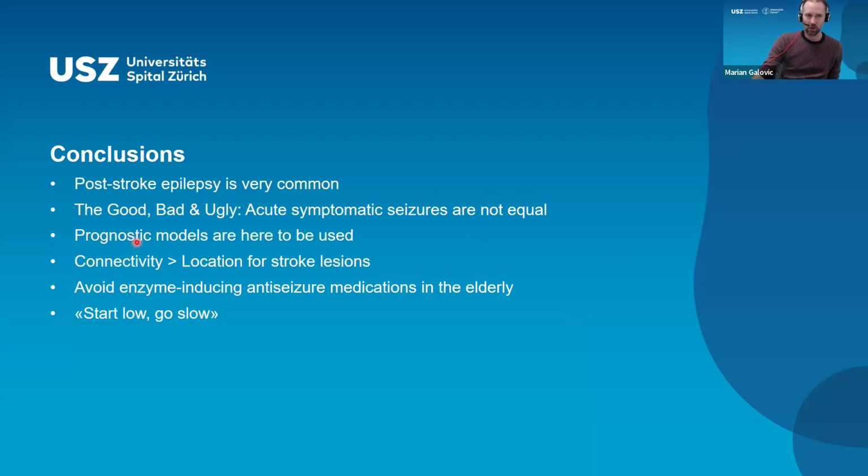We have a lot of good prognostic models for post-stroke epilepsy, like the SeLECT score or the CAVE score, and you should be using those to help you judge the risk of seizures in these cases. Now, looking at stroke lesions, probably connectivity matters more than stroke location. And looking at treatment, probably you want to avoid enzyme-inducing anti-seizure medications in the elderly, and for treatment regimens, you want to start low and go slow. Thank you for your attention.